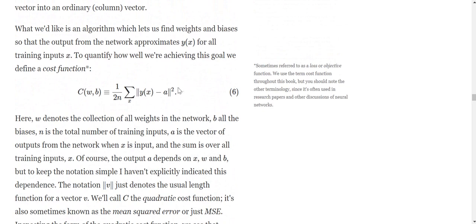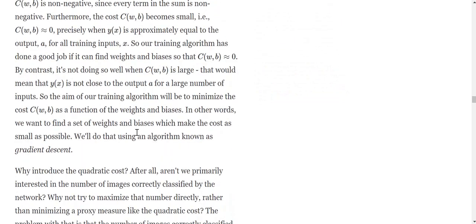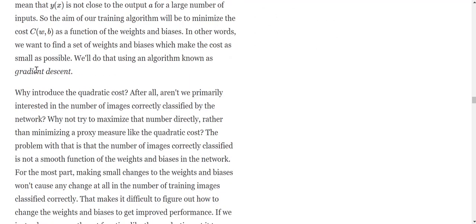We now know what we want. We want to minimize this function, and minimizing this function just means we are bringing the predicted and the actual outputs closer. You aren't going to change the actual outputs, you're just going to tweak the model to change the predicted outputs. And to do this, the algorithm used is called gradient descent.